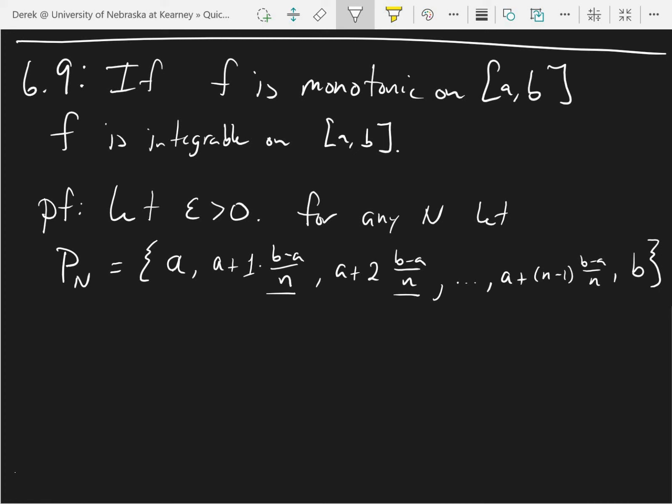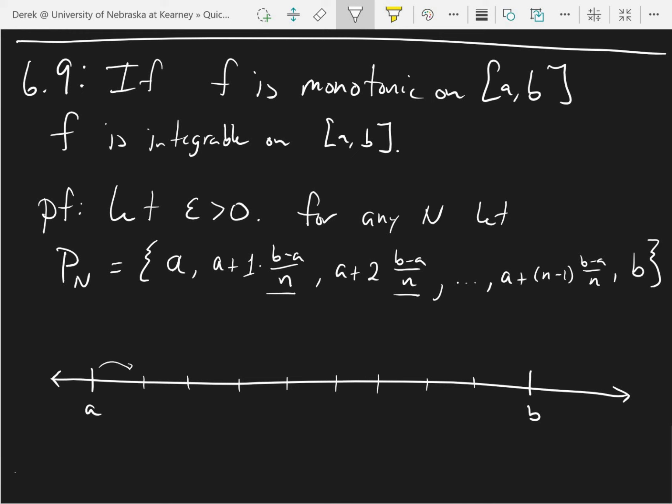So let me draw a number line here. Here's a, here's b. If I break this up into n equal pieces, then I've taken one step of (b minus a) over n, here's a second step of (b minus a) over n, and so on.